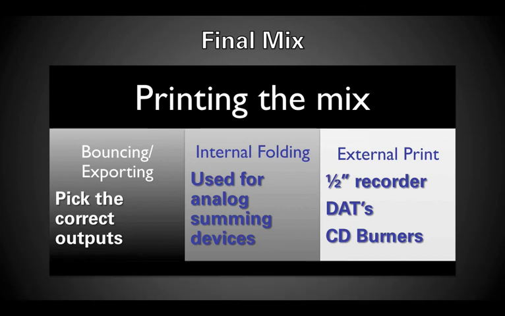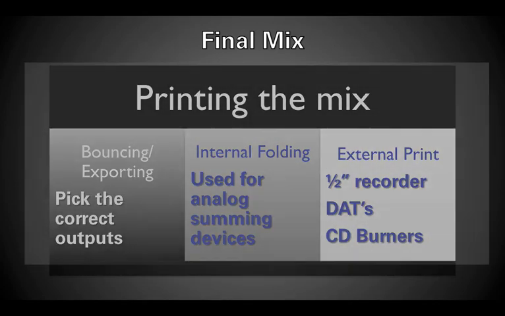And finally, there's the external print. This is kind of uncommon nowadays since nobody really has WaveBurner, hard disk recorders, DAT recorders, or external CD burners anymore. But it's very possible that somebody could print down to a 1/2-inch analog tape machine that still has it. And that would be considered external printing.